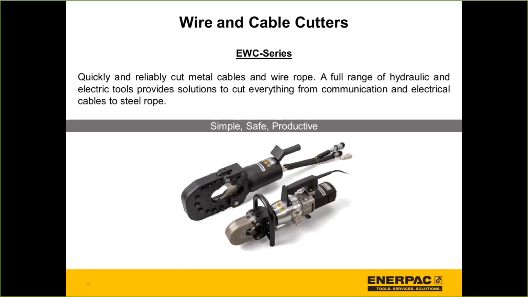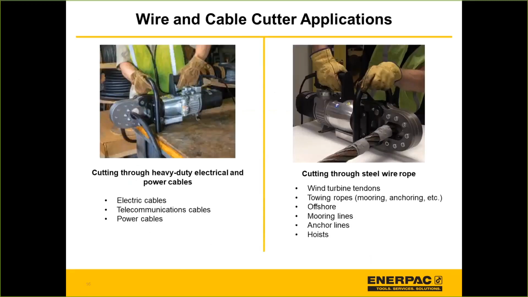Moving on to our wire and cable cutters. Our wire and cable cutters are offered in both the self-contained electric and the hydraulic solutions. When we talk about wire and cable, we're really talking about two very distinct types of applications here.